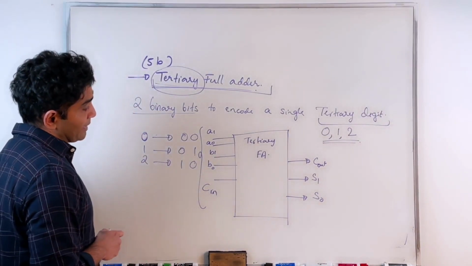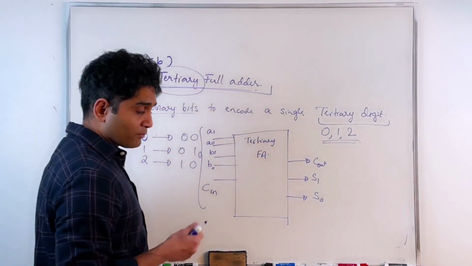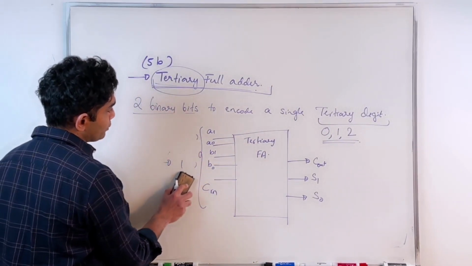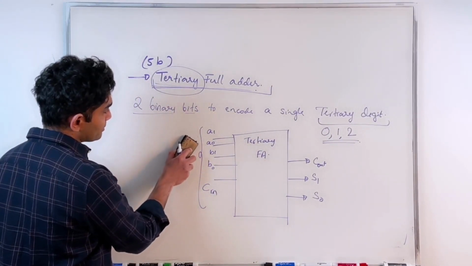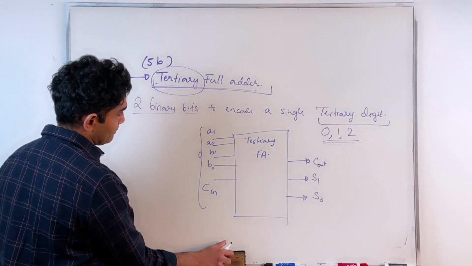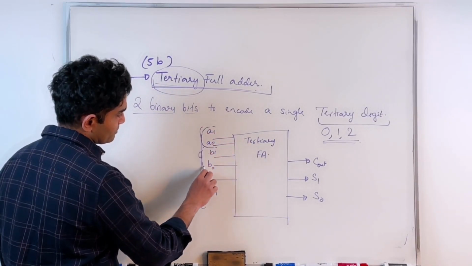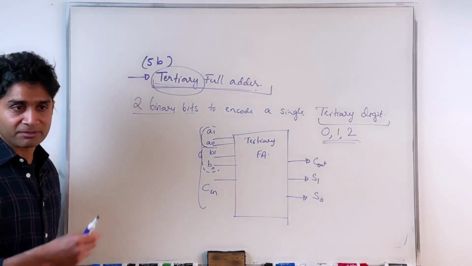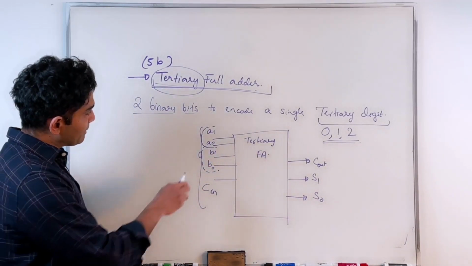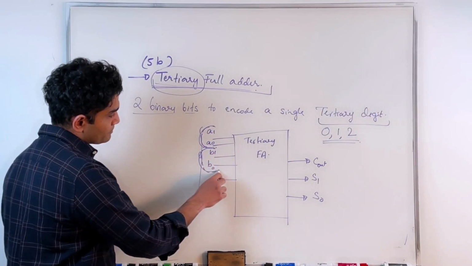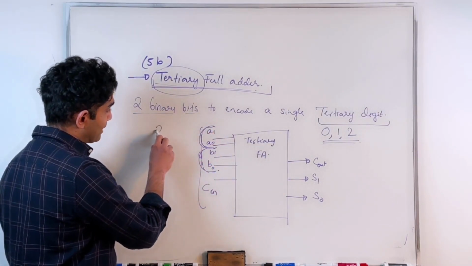However, can I do it the alternate approach like we have done for the BCD adder? Now again, when I'm doing the addition operation, all I'm doing is adding this with this, along with the previous bit, of course. I'm adding this number with this number. Again, this is a 2-bit binary number.